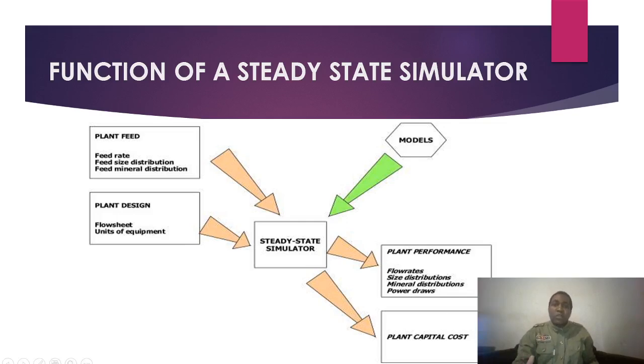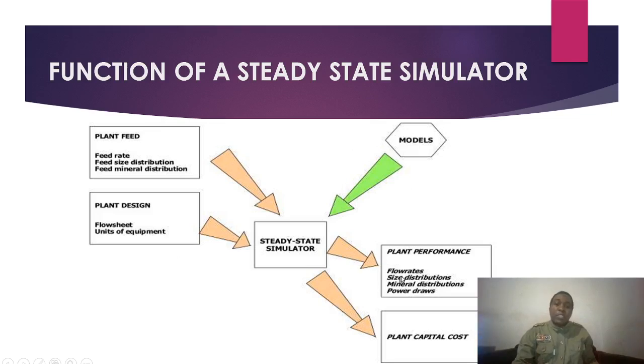These models are embedded in a simulator, and for the simulator to give you output in the sense of plant performance and plant economics, it needs information about the plant design and about the plant feed. This information works hand in hand with the models which are embedded in the simulator.